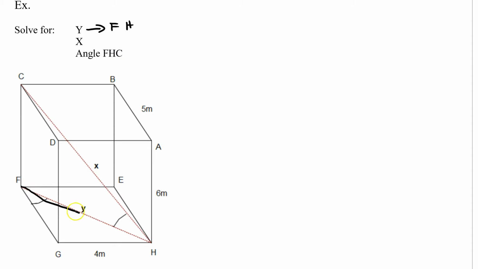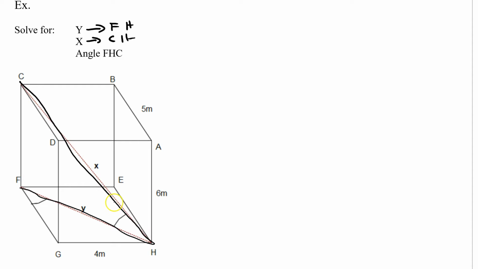That's the line between the vertex F and the vertex H. And we have X, which we can also call CH, because X runs from the point C to the point H. Then we're going to find out what the angle FHC is.